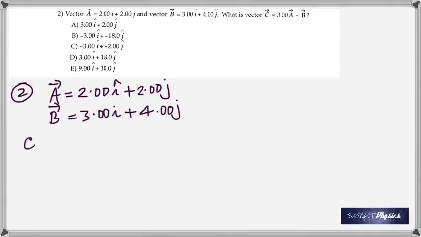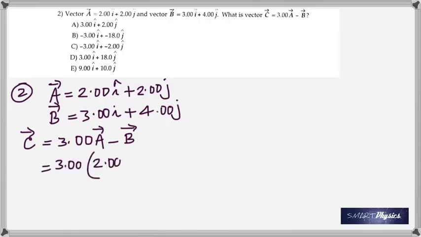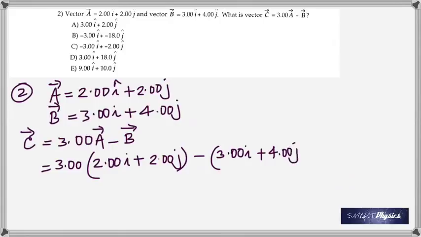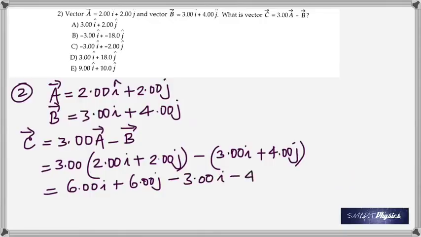And C is given as 3A minus B. So that's 3 times all of vector A, which I've written now, minus vector B. And this is just scalar multiplication, so 6i, 6j, distribute the negative sign, so both will become negative, right?